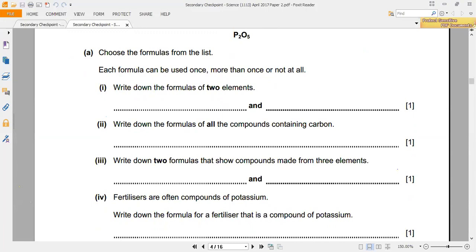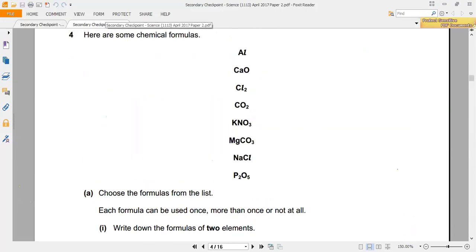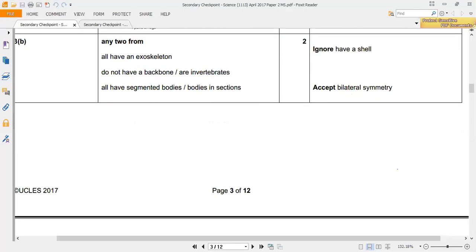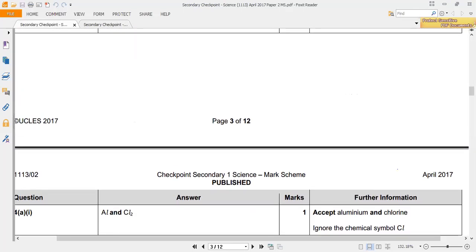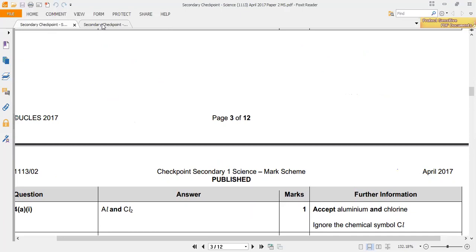I. Write down the formulas of 2 elements. Of course, elements here are only aluminum and Cl2. Let's check together. Yeah, aluminum and Cl2. It's an element.